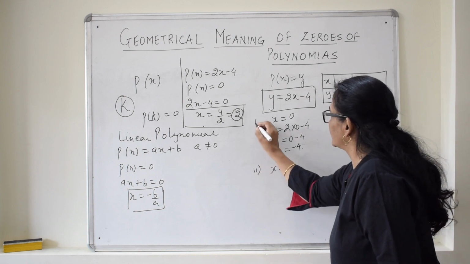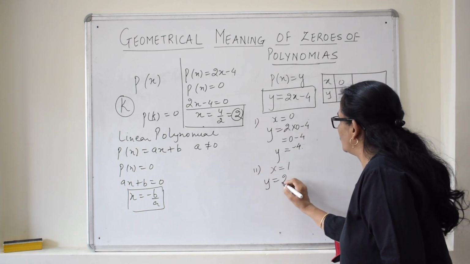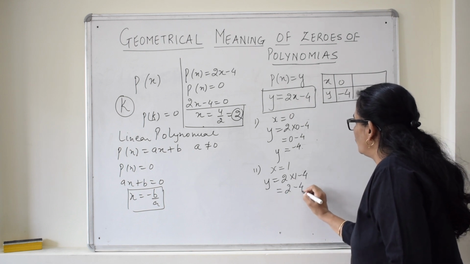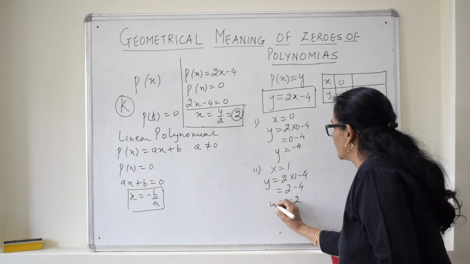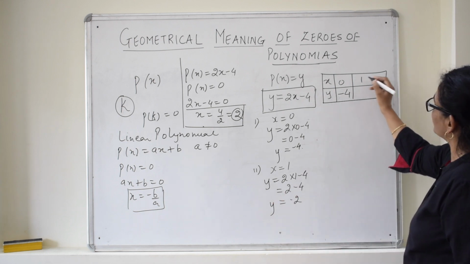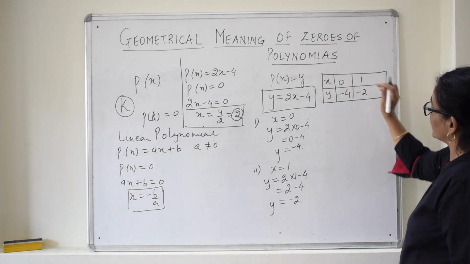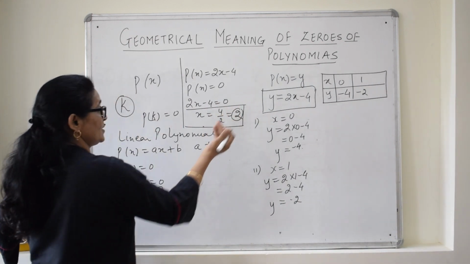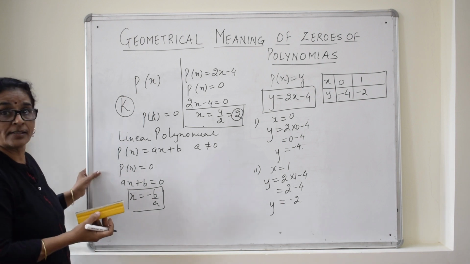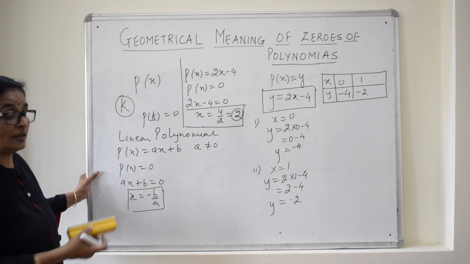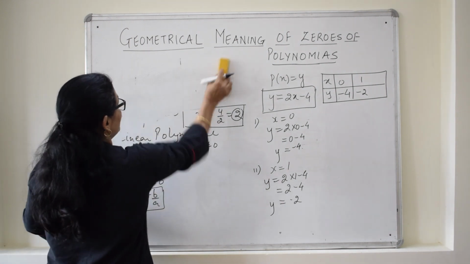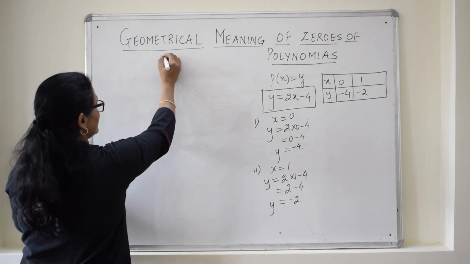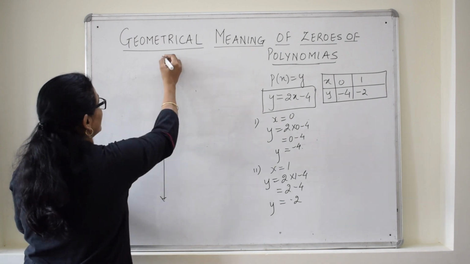Then y will be 2 into 1 minus 4, that is 2 minus 4, minus 2. So when we take x as 1, the value of y is minus 2. So these are the two solutions of the equation, and we may say the points which we have to represent in the graph.